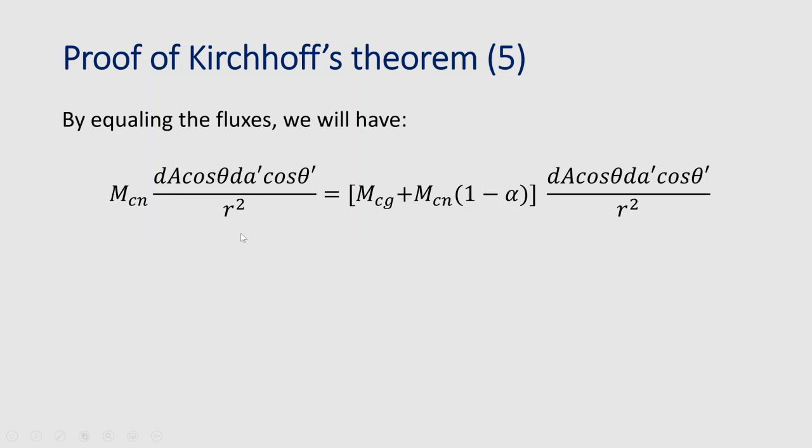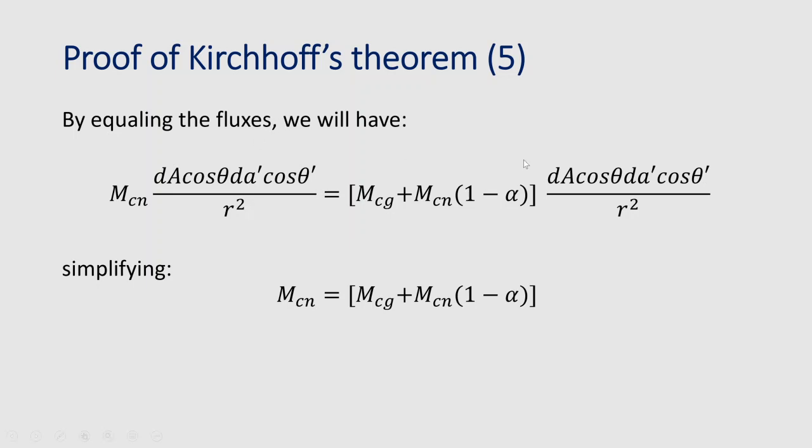The first thing we can do is observe that these two quantities here can of course be simplified. What they represent, dA cosine theta, dA1 cosine theta 1, divided by the square of the distance between the two centers of gravity, is the mutual position of the two infinitesimal surfaces inside the radiant cavity.